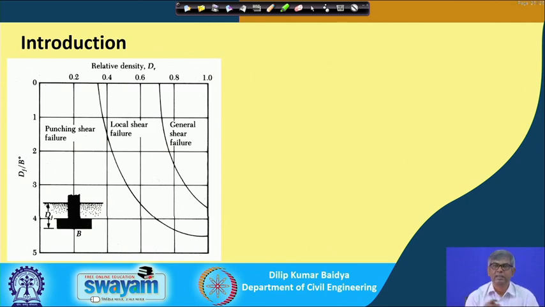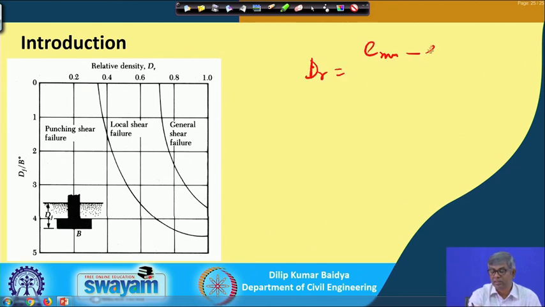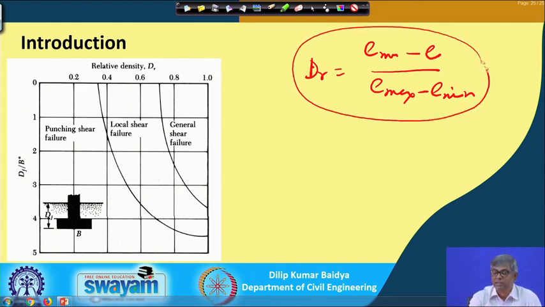The relative density is a part of soil mechanics we have discussed. The relative density Dr is (e max minus e) divided by (e max minus e min), where e max and e min are the maximum and minimum void ratios, and e is the in situ void ratio. By doing this calculation we get a number, that is the relative density in percent.